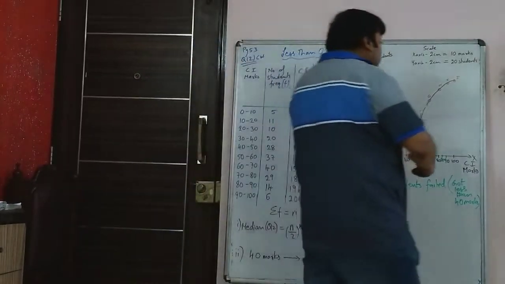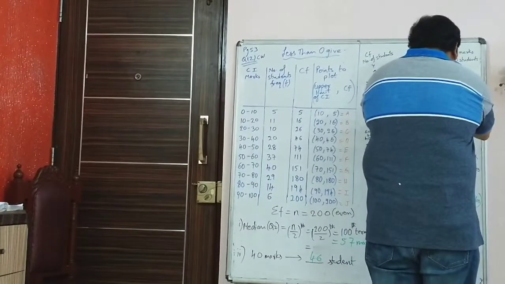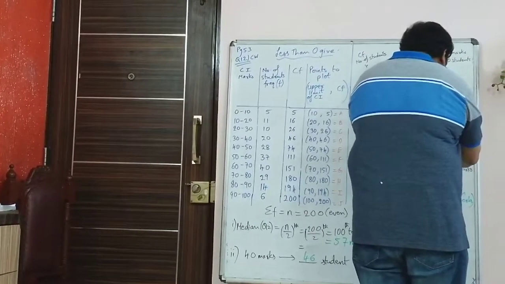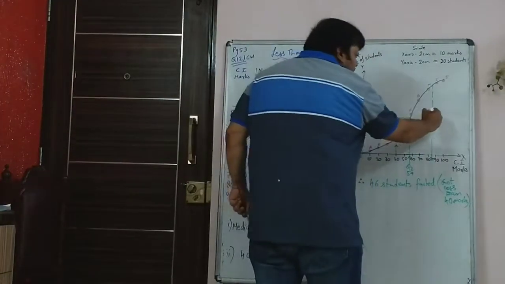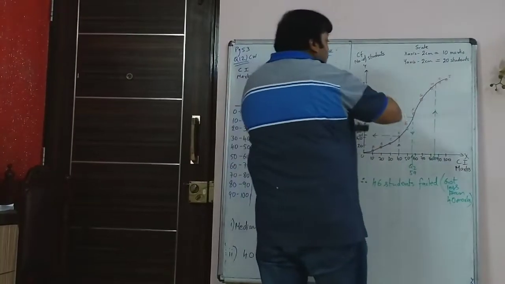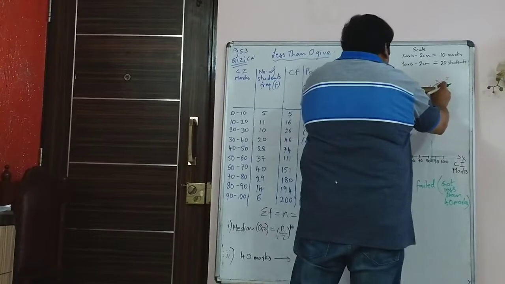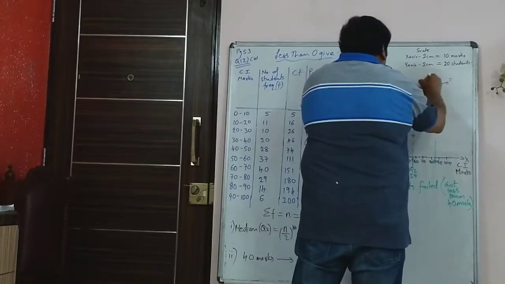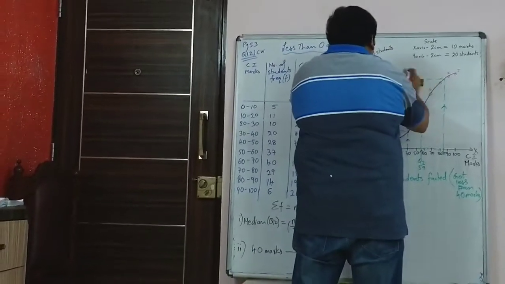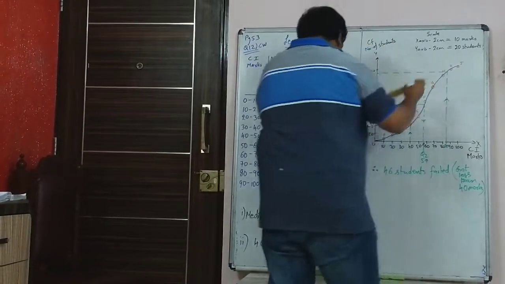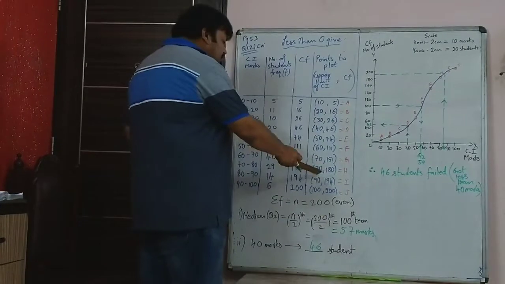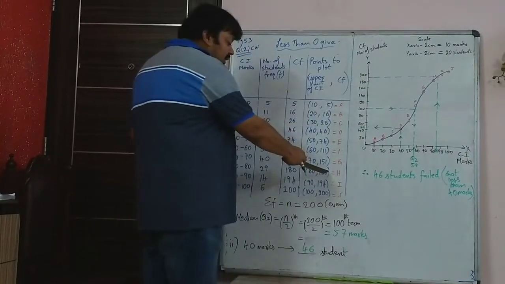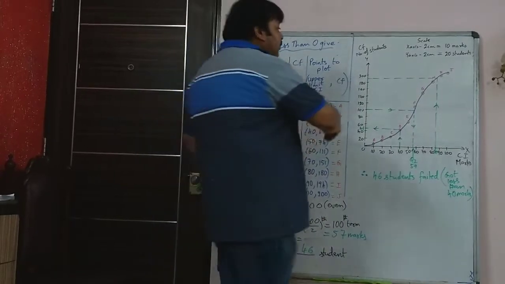So you will see 80, 85 is now a vertical dotted line, and from 85 it is obviously going to be after 180 and before 194.